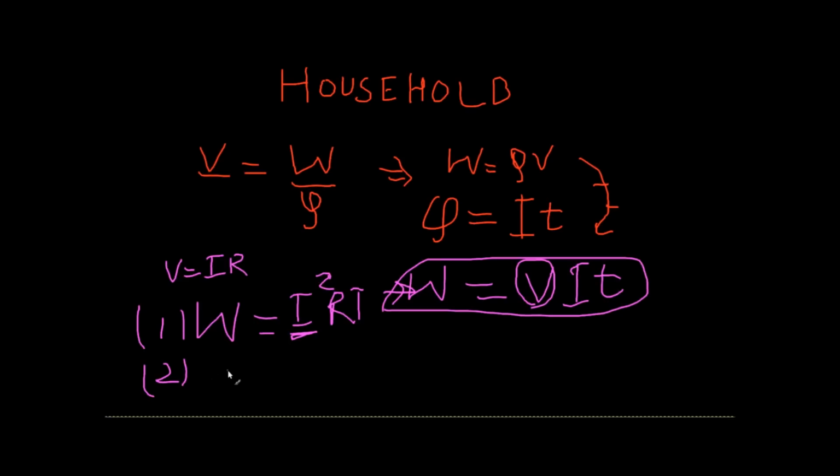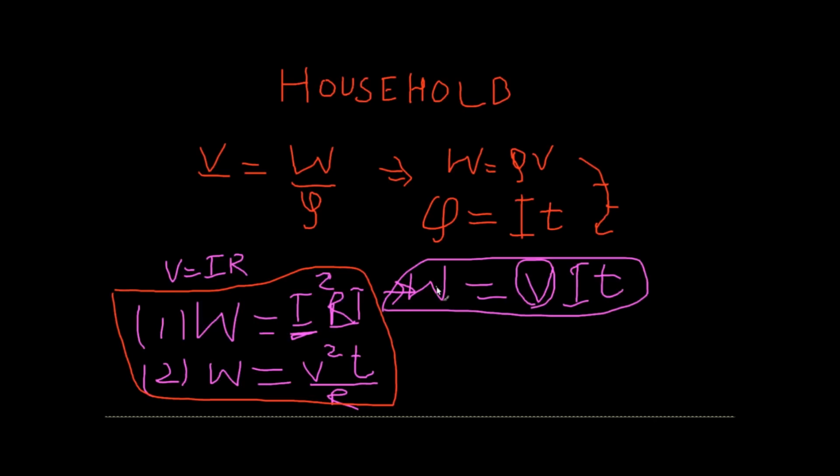So I have W equals V square T by R. Because I had I square, therefore I had V square by R square, and that R square in the denominator gets cut by this R over here, and therefore I have an R in the denominator. So these three are the primary formulae that you need to remember: these two, and this one right here, which is the father of these two formulae.